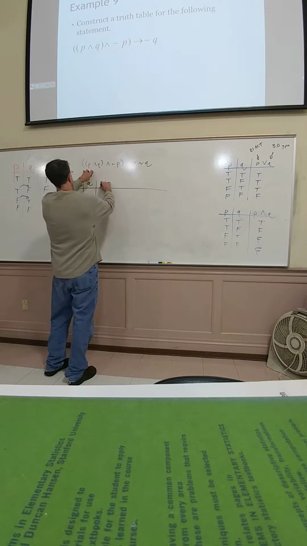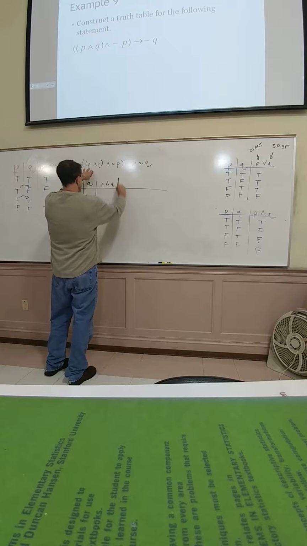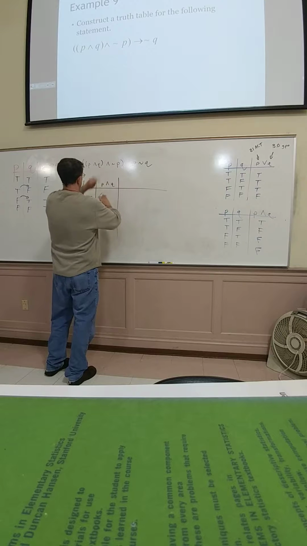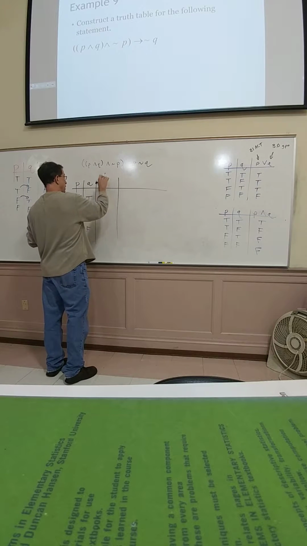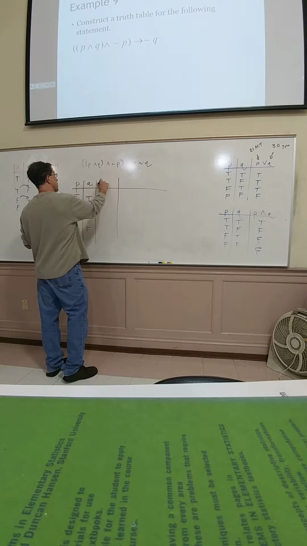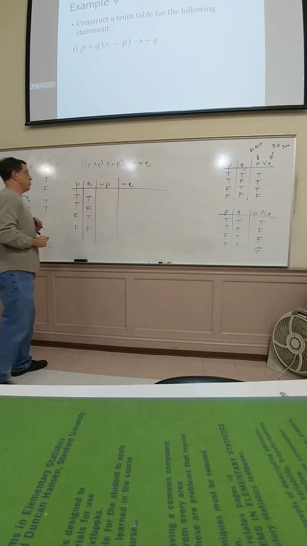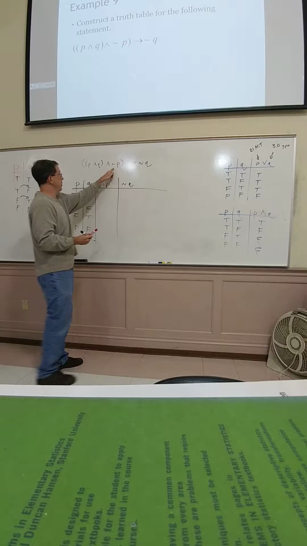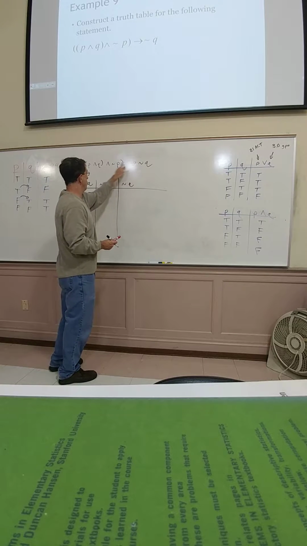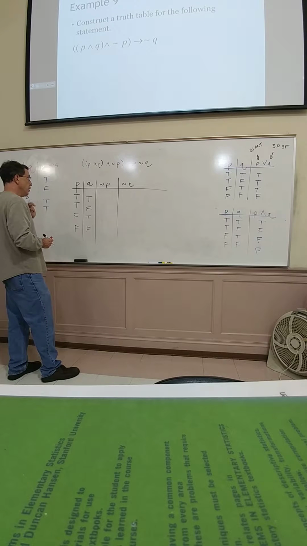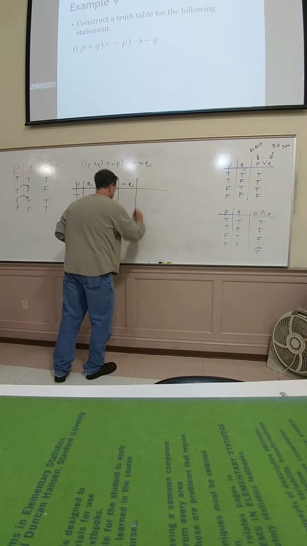So what we're going to do is go P and Q, the inner parentheses. And actually, let me go ahead, you can go that route, but I'm actually going to just do the negations first. That might be a little easier. So we'll just do negate P and negate Q. Anytime you do a negation directly with the variable, nothing in between them, you can go ahead and do those for free first.